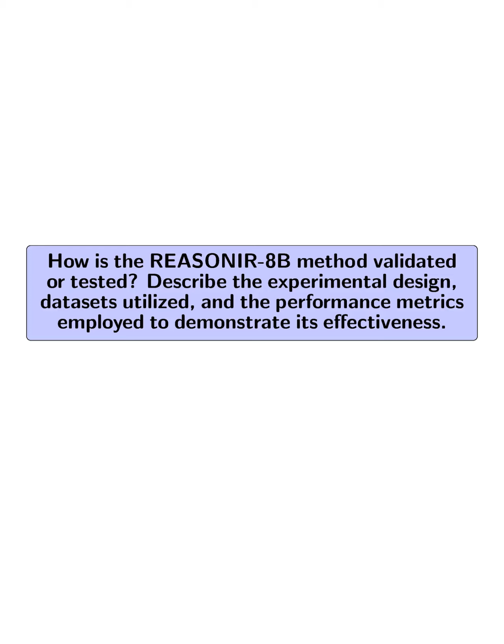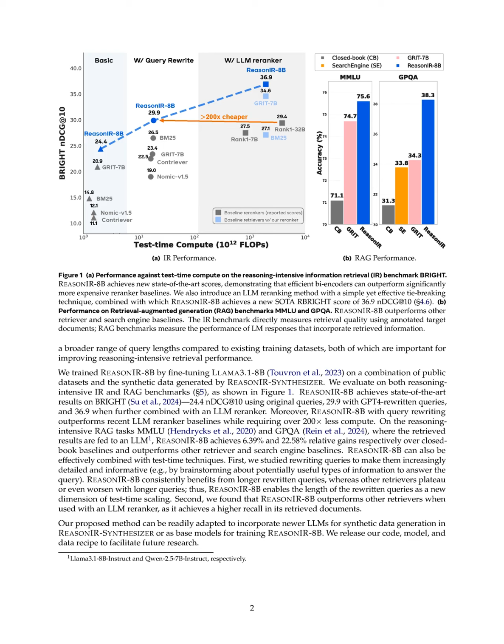How is the ReasonIR-8B method validated or tested? Describe the experimental design, datasets utilized, and the performance metrics employed to demonstrate its effectiveness. The ReasonIR-8B method was validated through a series of experiments using both reasoning-intensive information retrieval (IR) and retrieval-augmented generation (RAG) benchmarks, specifically the Bright, MMLU, and GPQA datasets.